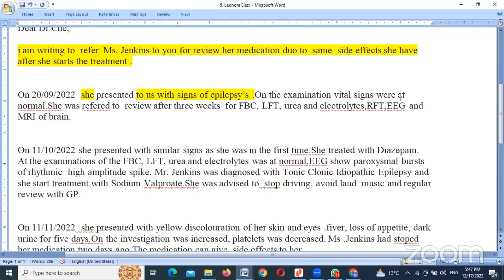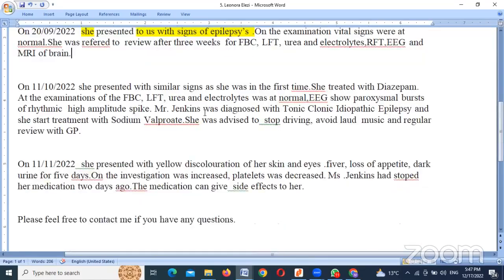On the examination, vital signs were normal. Just write that her examination was unremarkable, very easy. She was referred to review after 3 weeks for LFT, FBC, and so on, and MRI of brain, EEG also. Just write that some blood investigations, EEG and MRI were requested, were ordered.